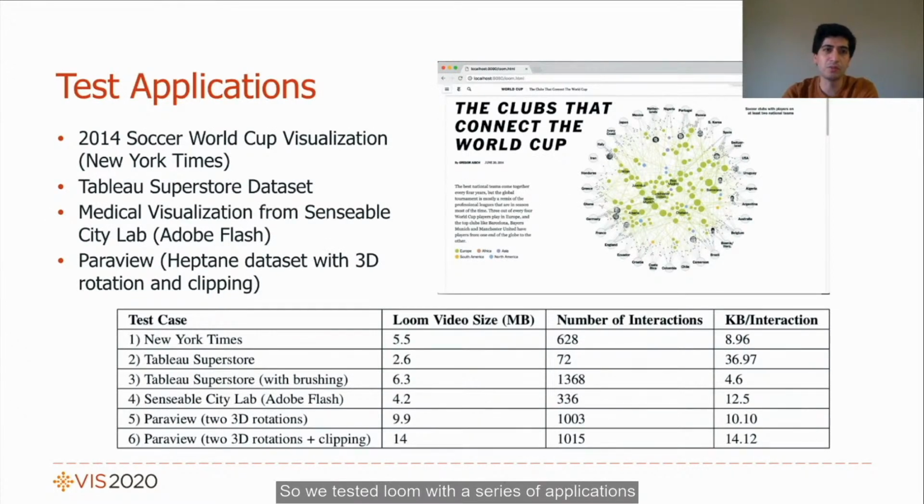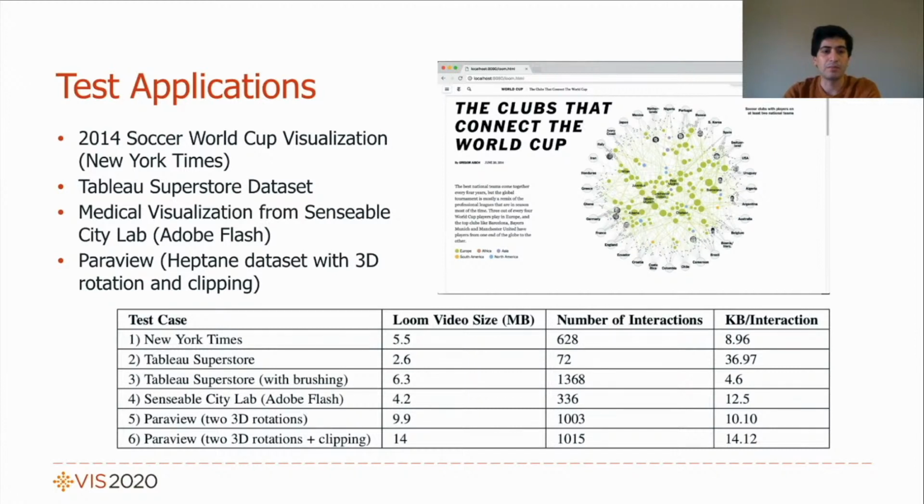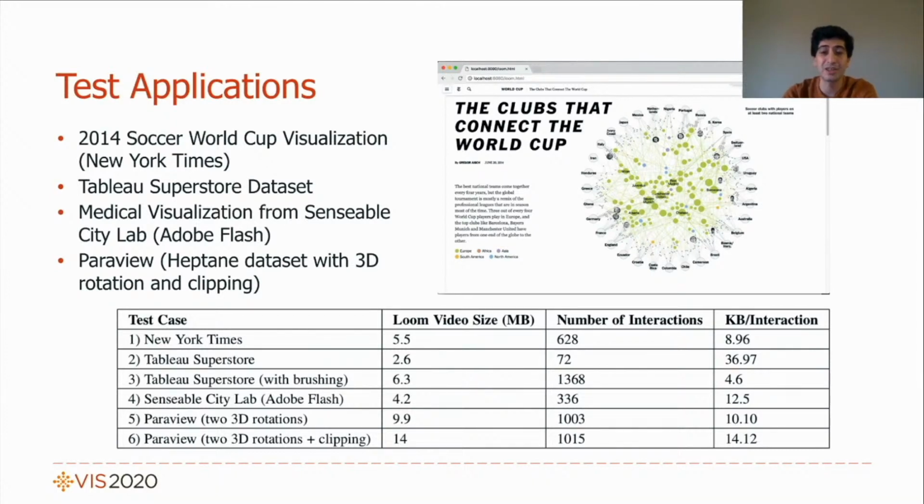So we tested Loom with a series of applications from InfoVis and also SciVis. For example, on the top right-hand side, we can see a World Cup visualization from the New York Times that has been captured by Loom in the browser. The size of that particular Loom object was about 5.5 megabytes for 628 different interactions.